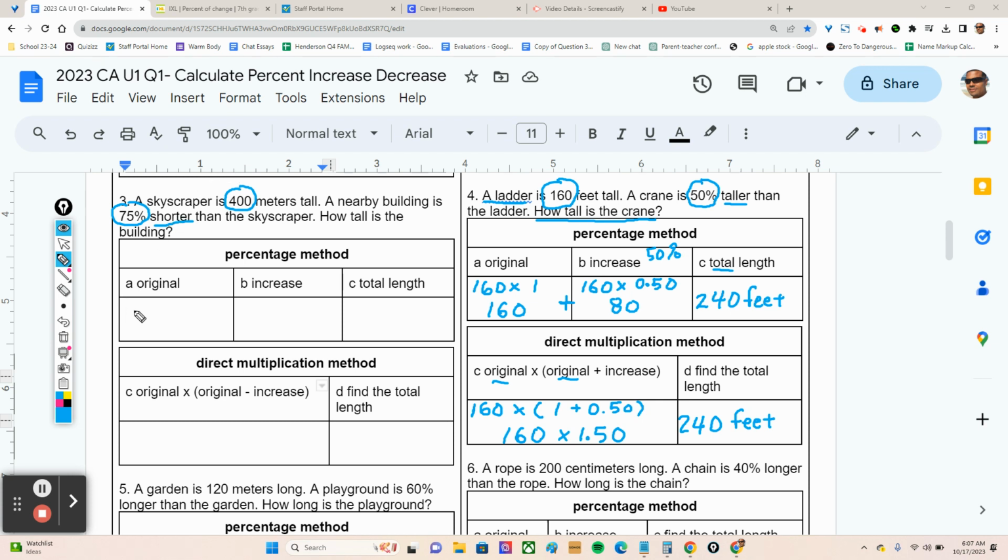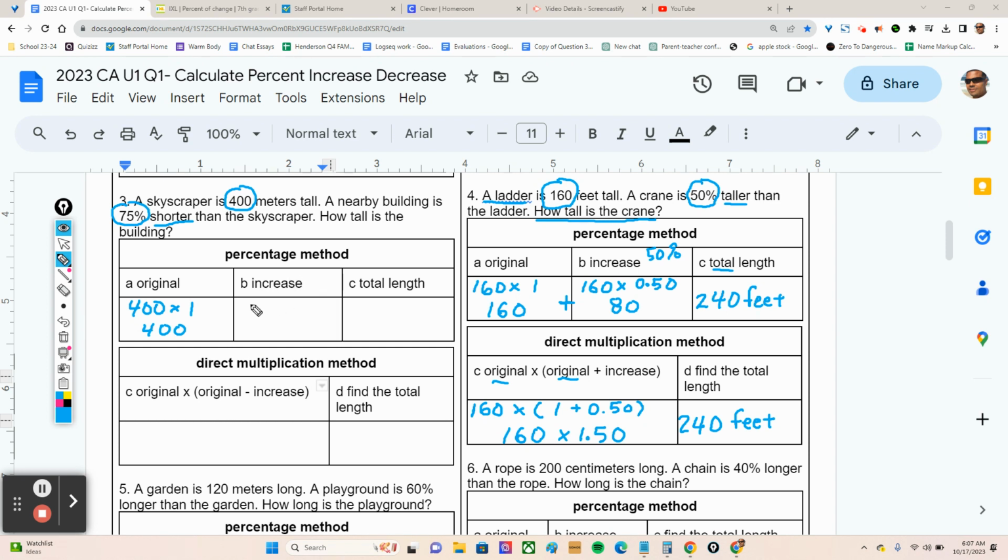In a similar fashion, we take our 400 times 100%, which is 400. Then we take our increase, or decrease. This should say increase or decrease.